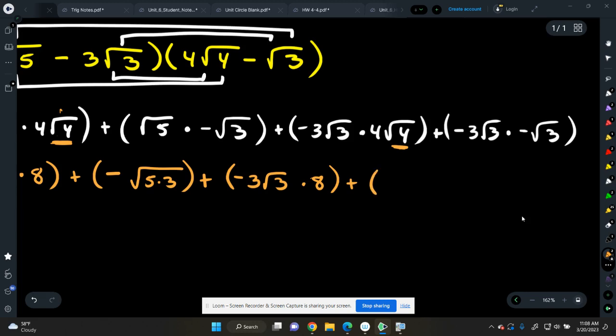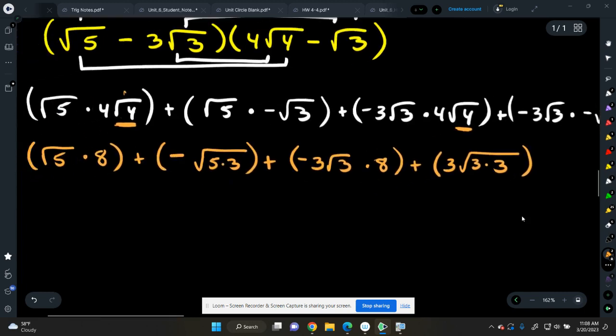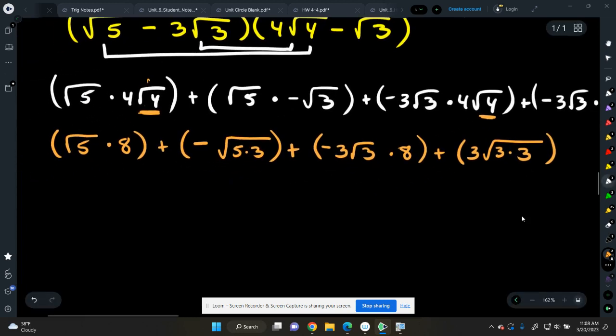Plus, now we've got a negative times a negative, which is a positive. You can take the pair out. Good job.